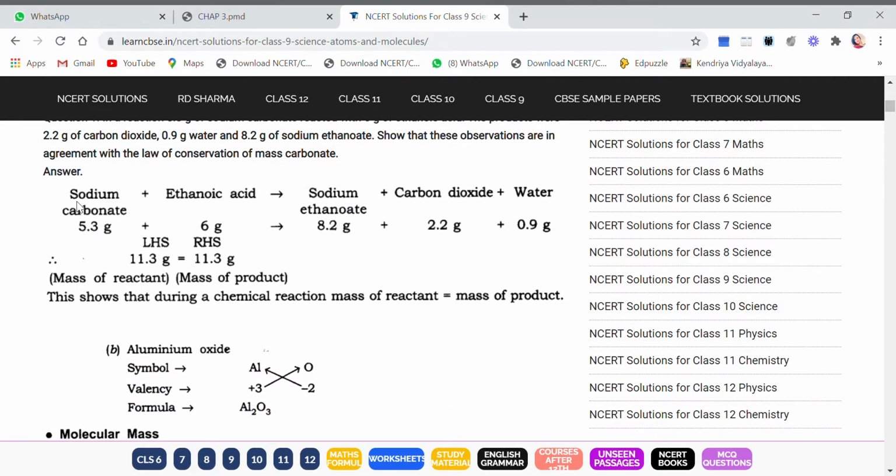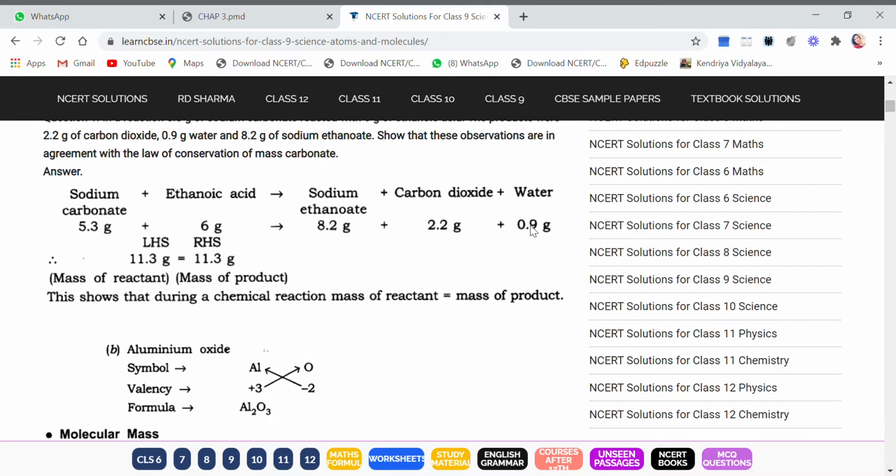First of all, you will write the equation. You will write all the weights that are given in your question. Then you will write LHS. LHS means left hand side. Left hand side means the reactants and right hand side means the products. So what is the total mass of reactants? 5.3 plus 6, it is 11.3. And what is the total mass of the products?